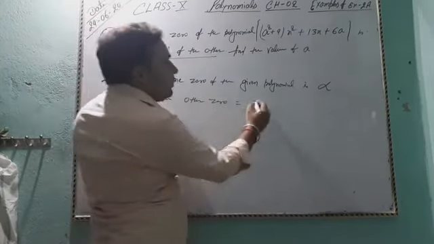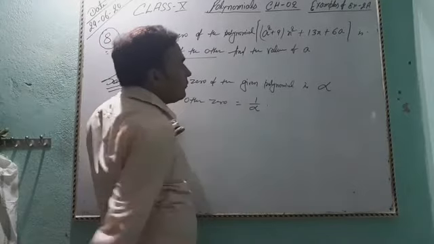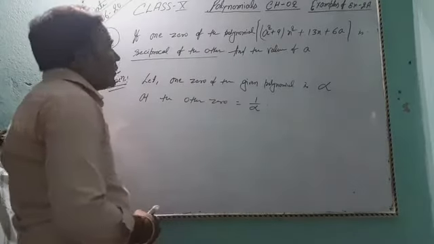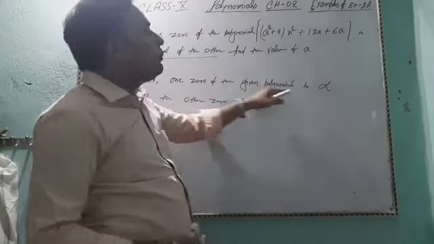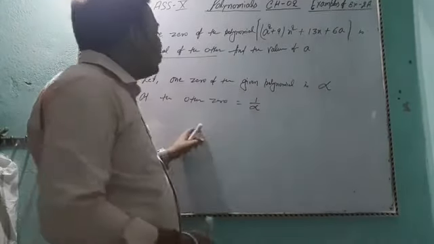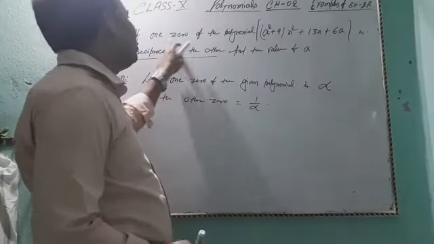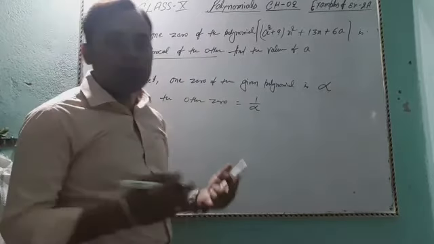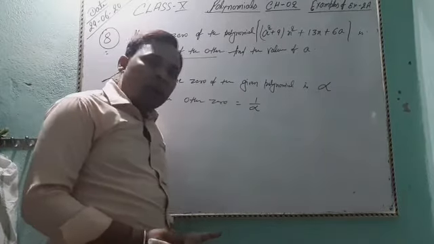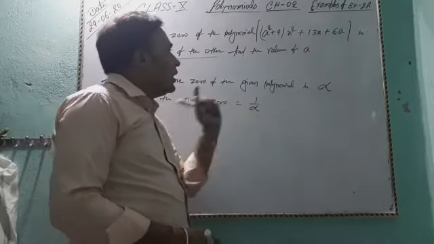So the other zero is 1 by alpha. One zero of the given polynomial is alpha and the other is 1 by alpha because one zero of the polynomial is the reciprocal of the other. So if we take one as alpha, then the other becomes 1 by alpha.